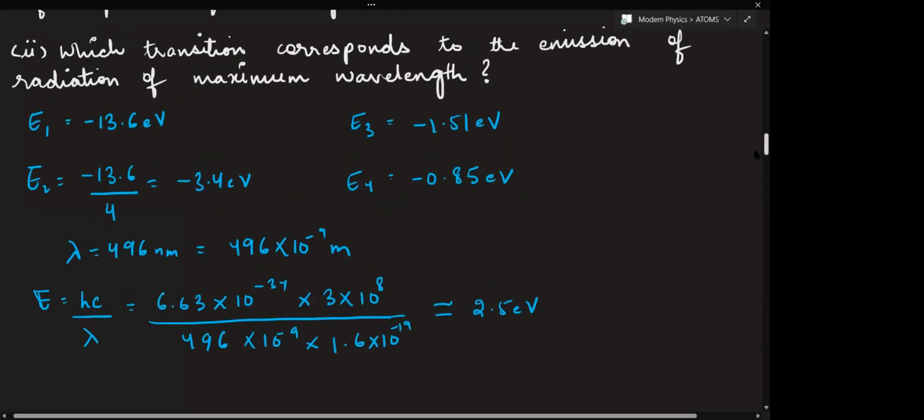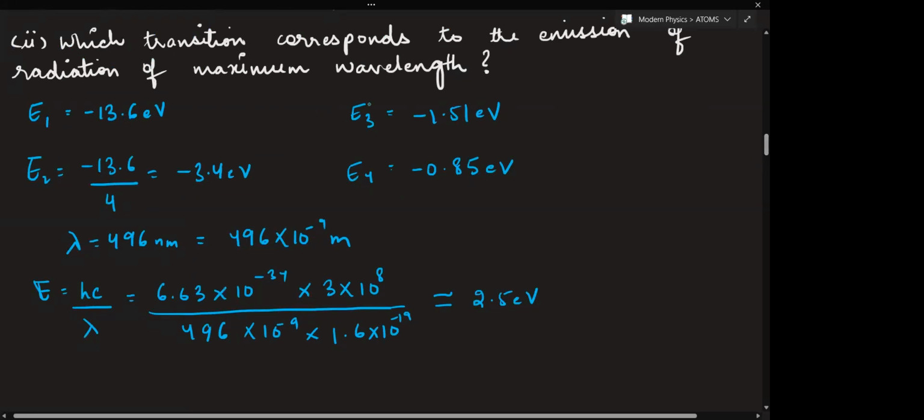Now, we don't know which of these energies will result in 2.5 electron volts, so we have to check the energy difference for each of them. We check which one gives us 2.5 electron volts, because that will be the energy for this wavelength.